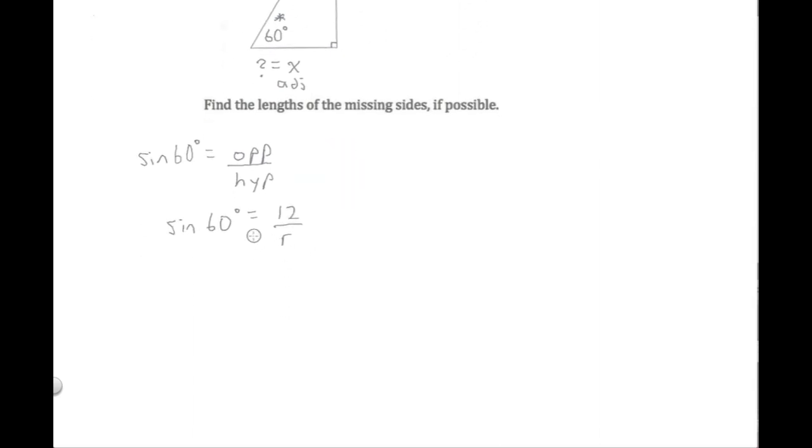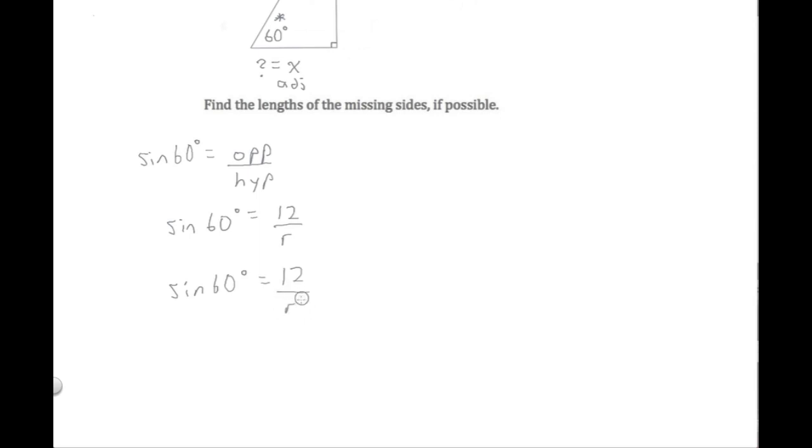Okay, now this equation looks a little bit different than the equations we've gotten previously in this video, so we might have to use slightly different algebra in order to solve it. Do you know how to solve this equation? Well, we want to get the r by itself. And the first step for getting the r by itself is to get the r out of the denominator.